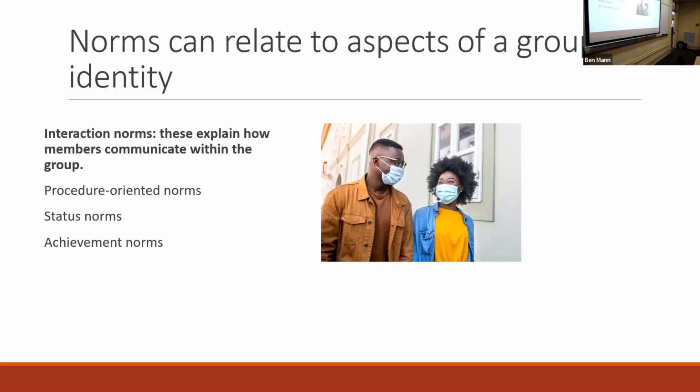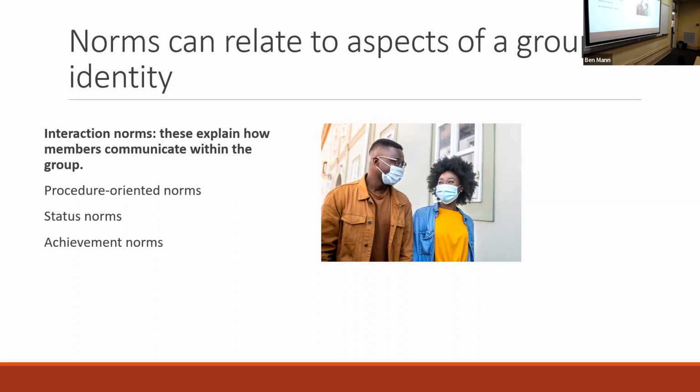It's never fully gone away, but when we had really high cases and pretty significant lockdown, there was a focus on regulating our interaction with each other. One good example is 6 feet of social distancing. That's the use of proxemics, of nonverbal communication, to signal the physical distance between you and somebody else. That's an example of an interaction norm.